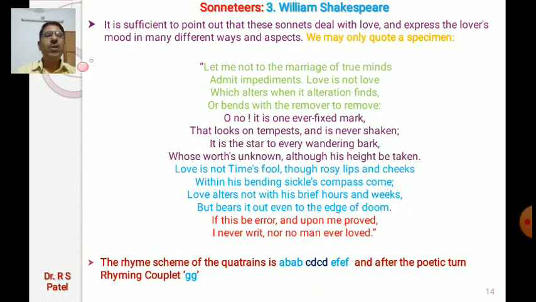Nor no man ever loved, અને કદી કોઈ માણસે પ્રેમ પણ કર્યો જ નહીં હોય. So this is how Shakespeare expresses his feelings, his emotions, his idea about love, marriage, and ultimately life. Very beautifully expressed in his sonnets.